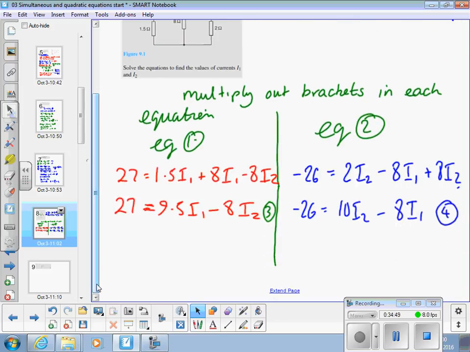So the next step is, we've got a little bit of an ordering issue here, haven't we? Because if we're going to line these up for subtraction, we need to get the order the same. So how can I rewrite equation 4 so that it is I1 first and then I2?